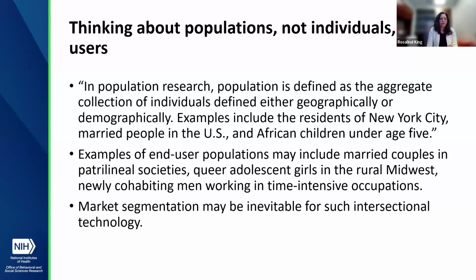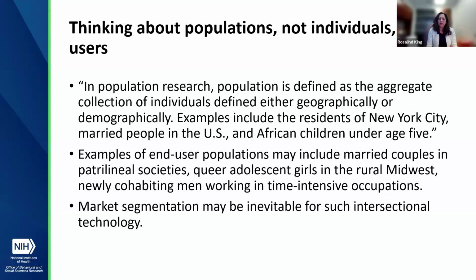So examples that might be relevant to you all as end user populations could be married couples in patrilineal societies, queer adolescent girls in the rural Midwest, or newly cohabiting men working in time-intensive occupations. And so market segmentation may just be inevitable for such intersectional and interpersonal technology as MPTs.